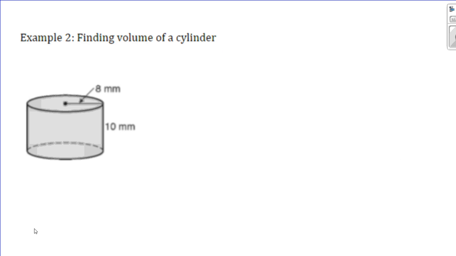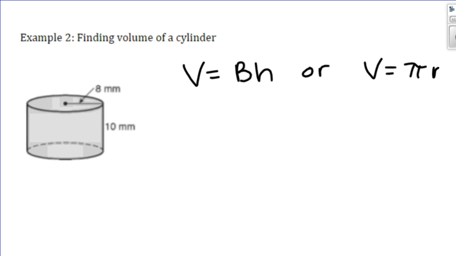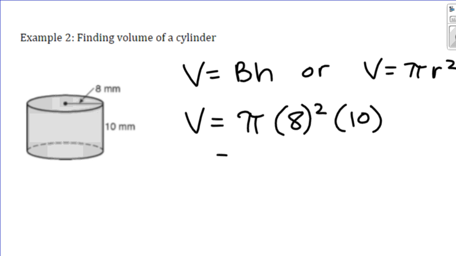Okay, last example, a cylinder. Again, we can call this big B times H, or pi r squared times that height for the volume. So we have pi times our radius 8 squared times our height of 10, which gives us pi times 64 times 10.